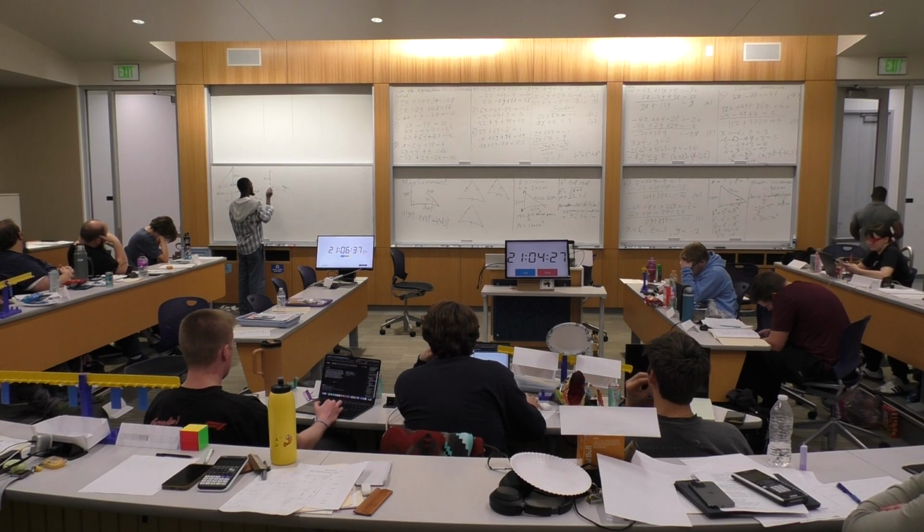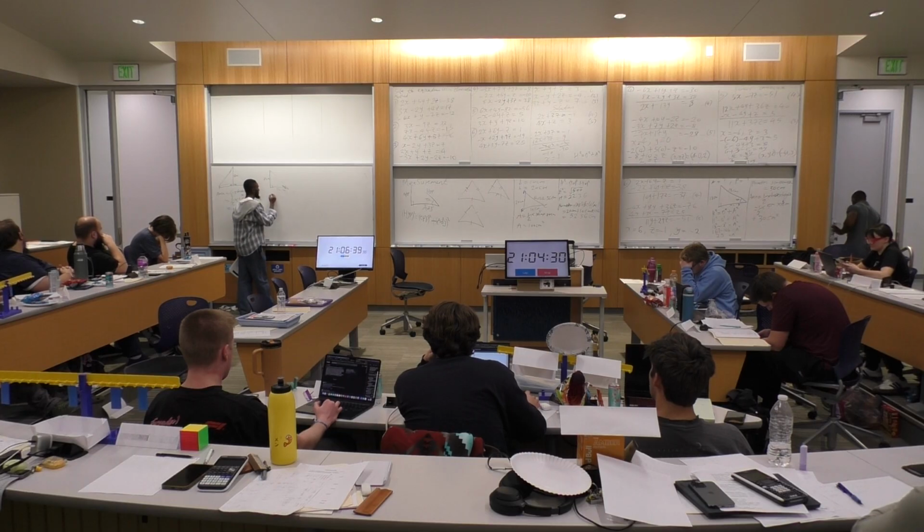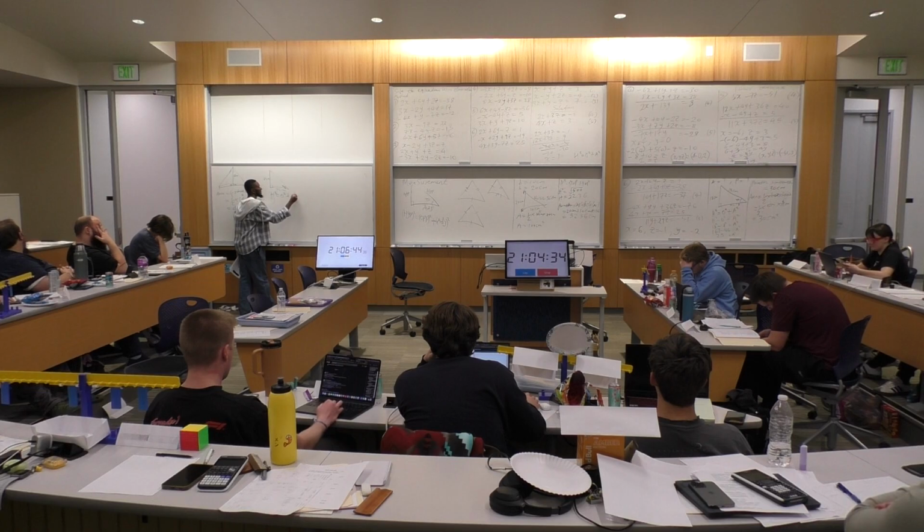Now, we want to solve this using the Pythagoras theorem, which says h squared equals o squared plus a squared.